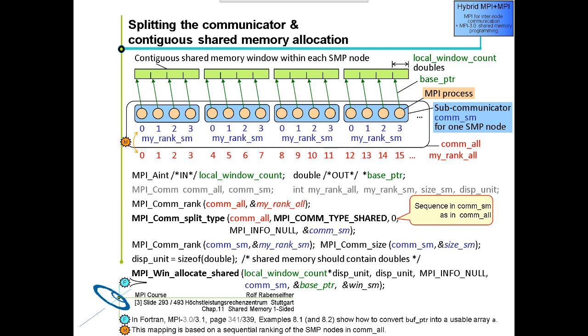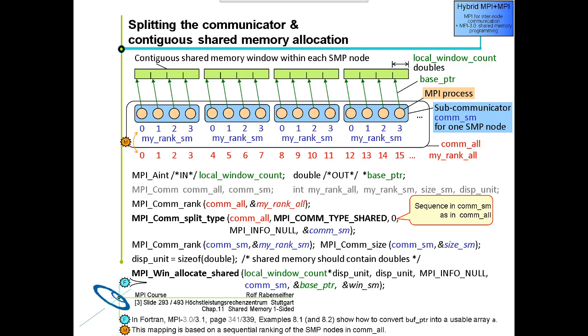As you can see, this green memory is defined as a whole contiguous shared memory chunk inside each of the SMP nodes. Therefore, each node has a piece of memory that is consecutive in terms of physical memory, and every chunk is going to have the same base pointer reference.